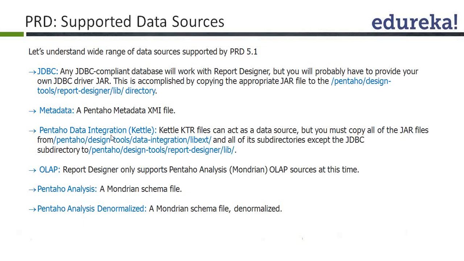Then Pentaho Analysis denormalized. So again a Mondrian schema file which will be denormalized. So both are actually the same, the last two. So this is the rich set of data sources which PRD is supporting. We are going to cover JDBC support from an examples perspective.